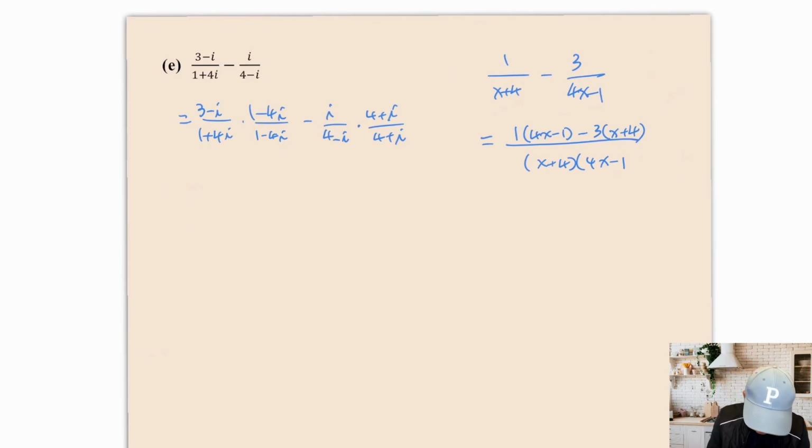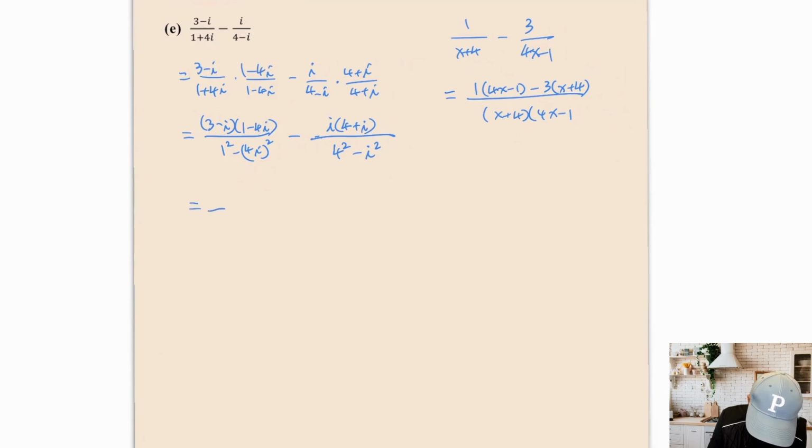Okay, then the next steps become 1 square minus 4i square in the denominator. The numerator is 3 minus i times 1 minus 4i, minus, okay, 4 square minus i square, and i times 4 plus i.